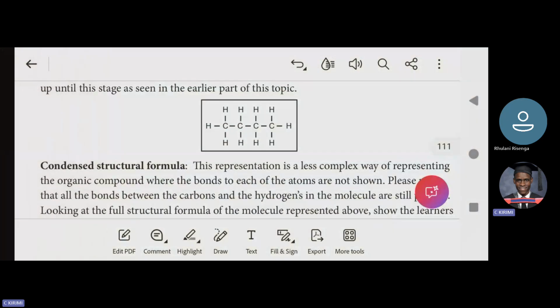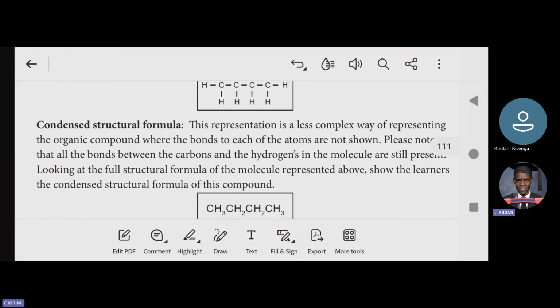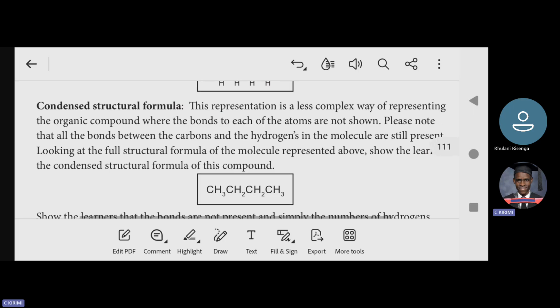The condensed structural formula is a representation in a less complex way. Instead of drawing, we are representing what we see directly, where the bonds to each of the atoms are not shown. Please note that all the bonds between the carbon and the hydrogens in the molecule are still present.